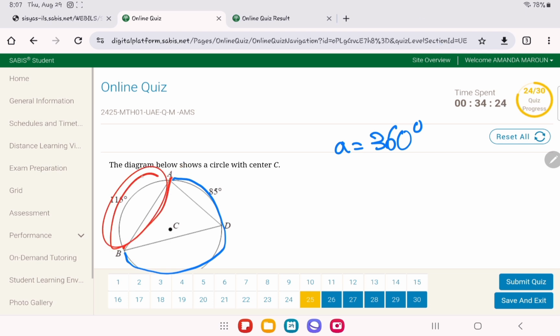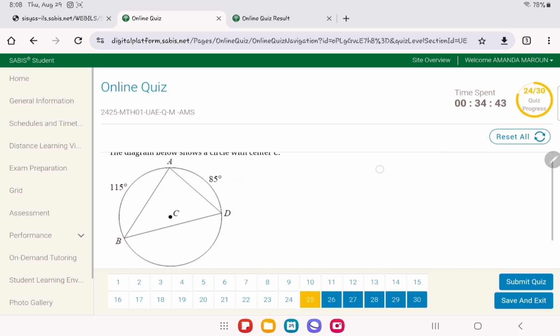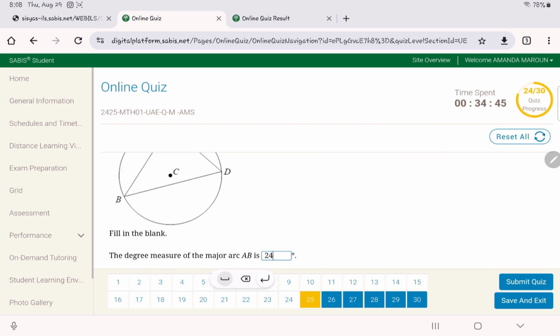They don't need this. So we're going to take this over here and remove it from the 360 degrees. So minus 115 degrees. We're going to have 245 degrees.